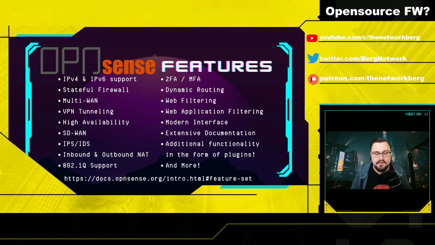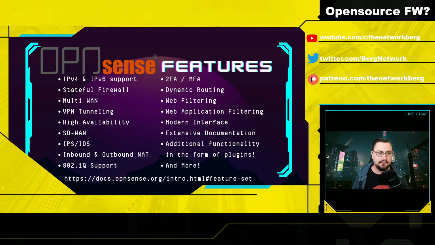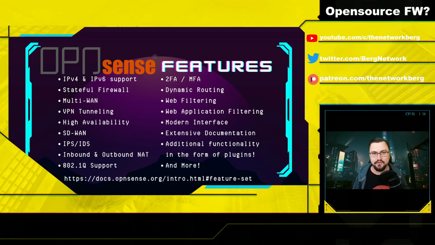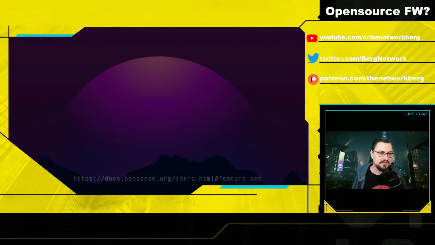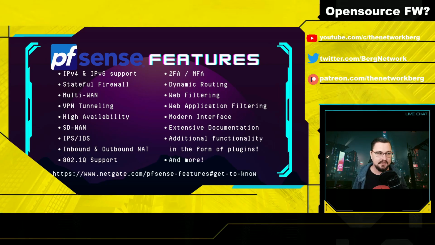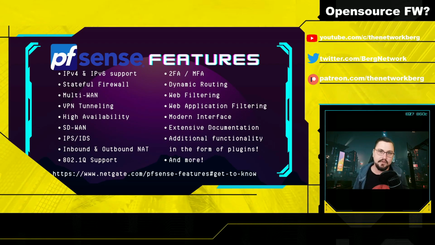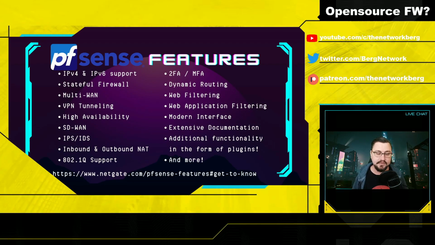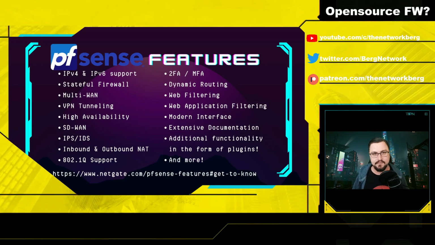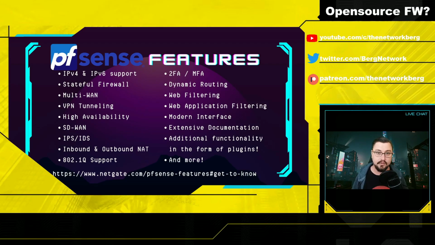But this is the nice thing about the firewalls. If you really want, you can use either one if it's just for the features. But when it comes down to keeping stuff updated and modern and the latest builds, this is actually where Opnsense excels, because they always make sure that they have the latest current builds almost.